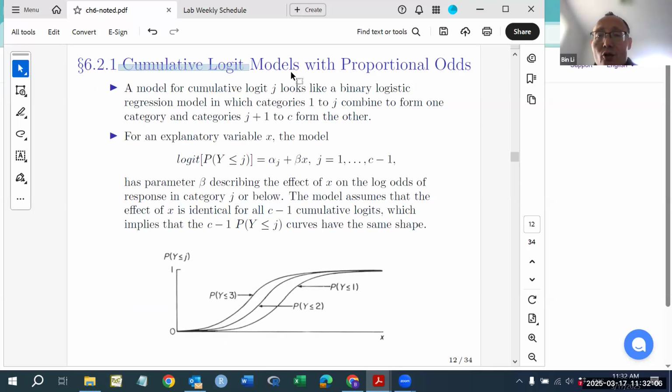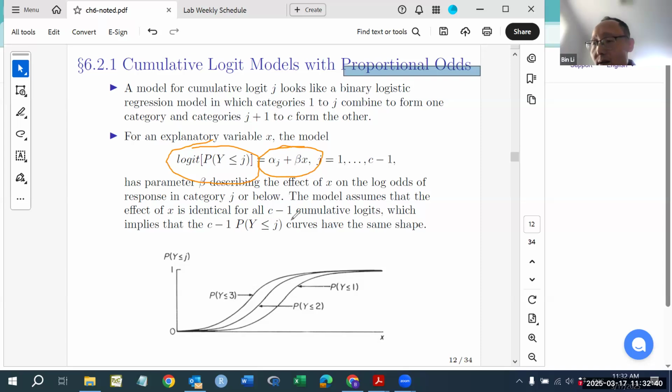For the cumulative logit model, we have different types, but the simplest type is the proportional odds model. So the full name for this model is the proportional odds cumulative logit model. Okay, so what is it? Here we model the cumulative logit with the proportional odds.